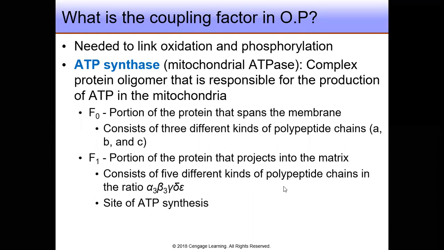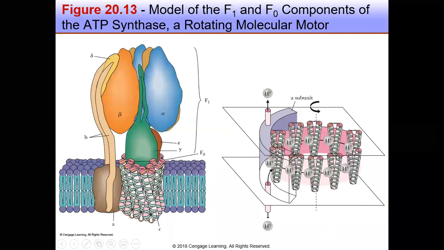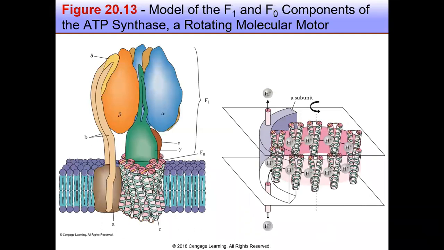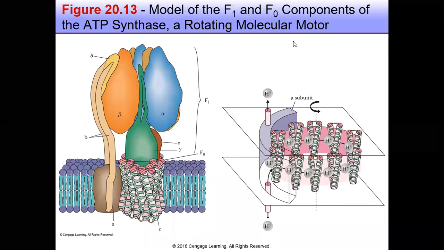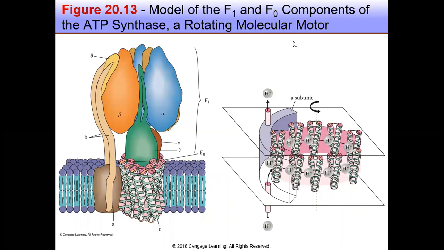Now, this is the schematic representation of ATPase. As you can see, this is a model of the F1 and FO components of the ATP synthase, a rotating molecular motor.